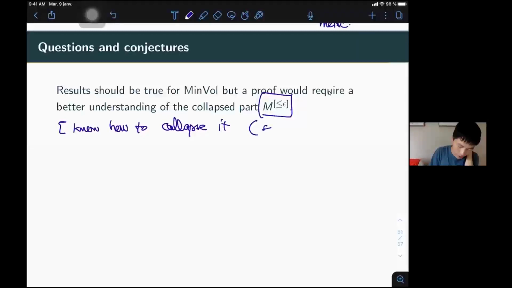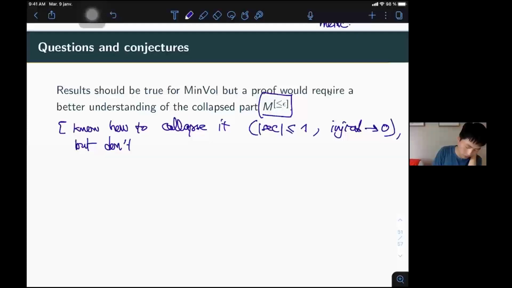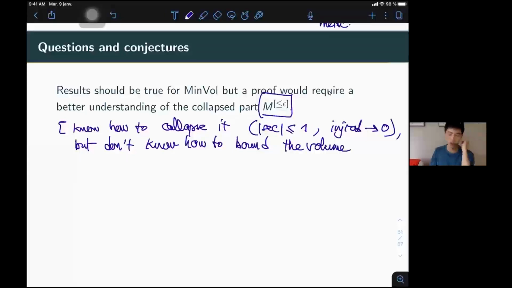So you know how to construct metrics with bounded sectional curvature, injectivity radius going to 0. But that doesn't mean that the volume is going to 0. Because in order to bound the minimum volume, you want to bound the volume of this thin part given a bounded sectional curvature metric.